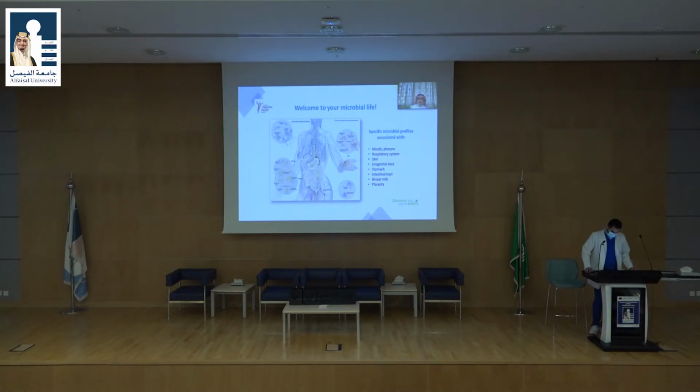The microbiome in our body exists nearly everywhere. The majority is in the gut. The second organ is the skin, and then it comes in different types and concentrations in the mouth, the pharynx, the respiratory system, the urogenital tract.